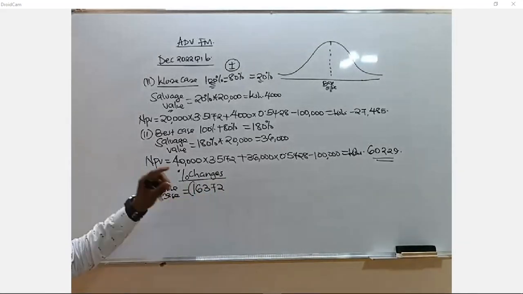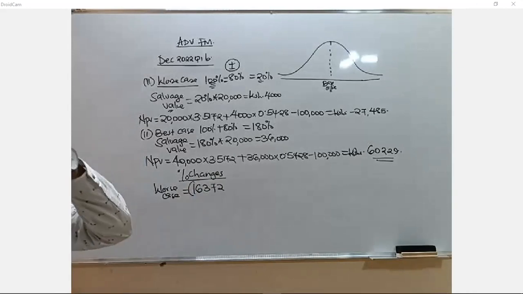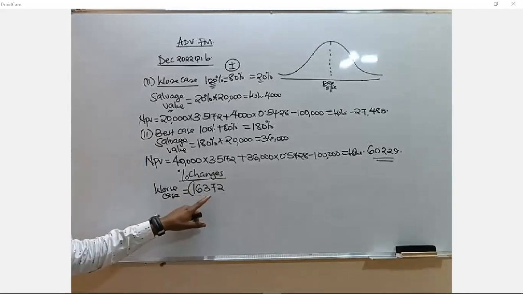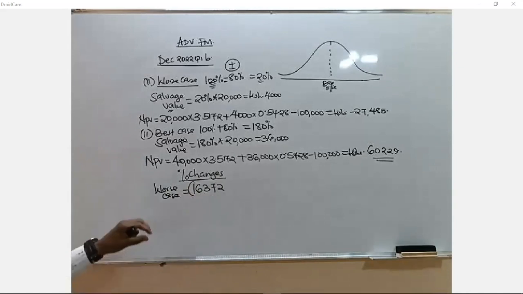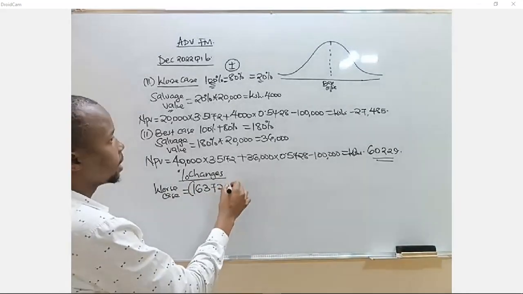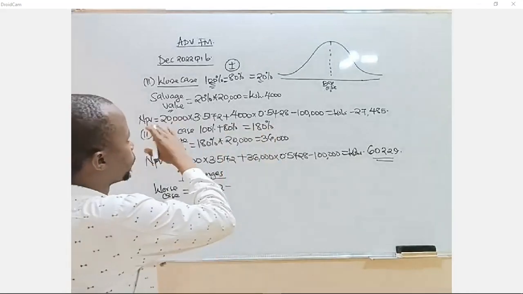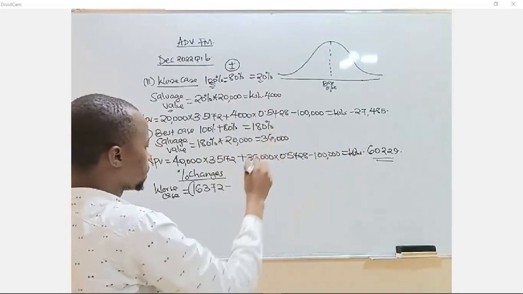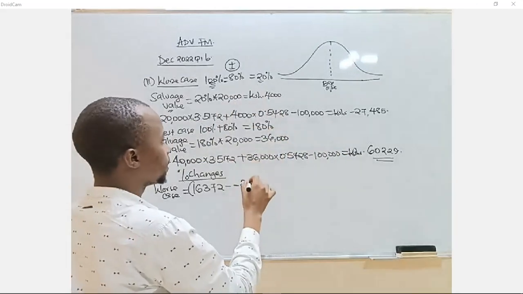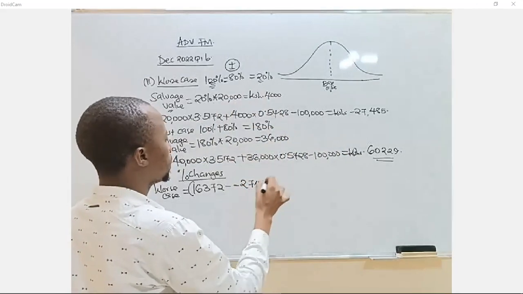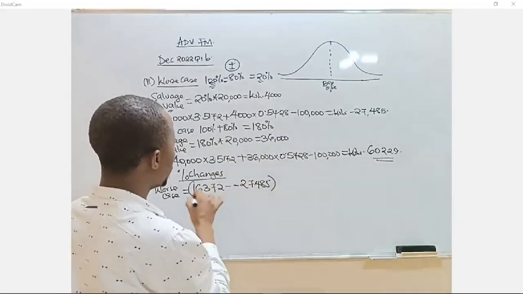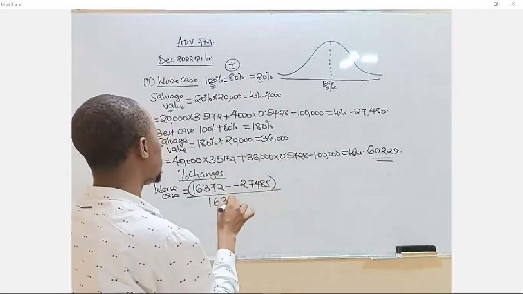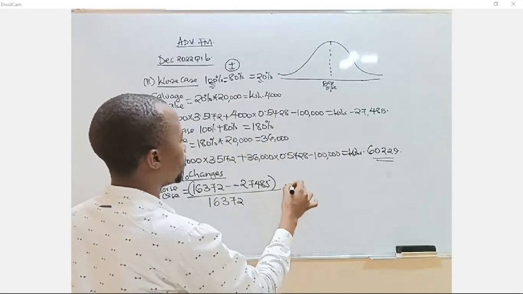So the NPV of the most probable case was 16,372. Ndio itatusaidia kucalculate the percentage changes, right? Minus the NPV that we have already done for the worst case, minus 27,485. Divide by our base, which is 16,372. Then you multiply by 100%.